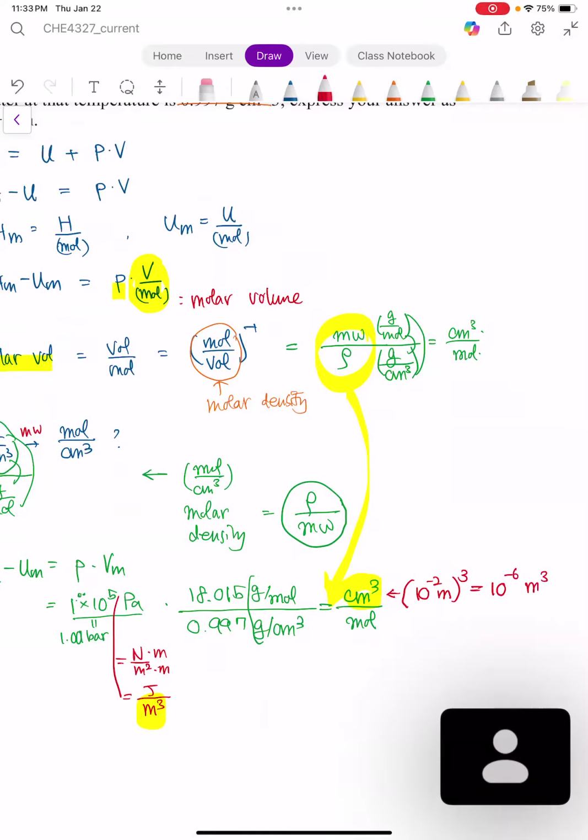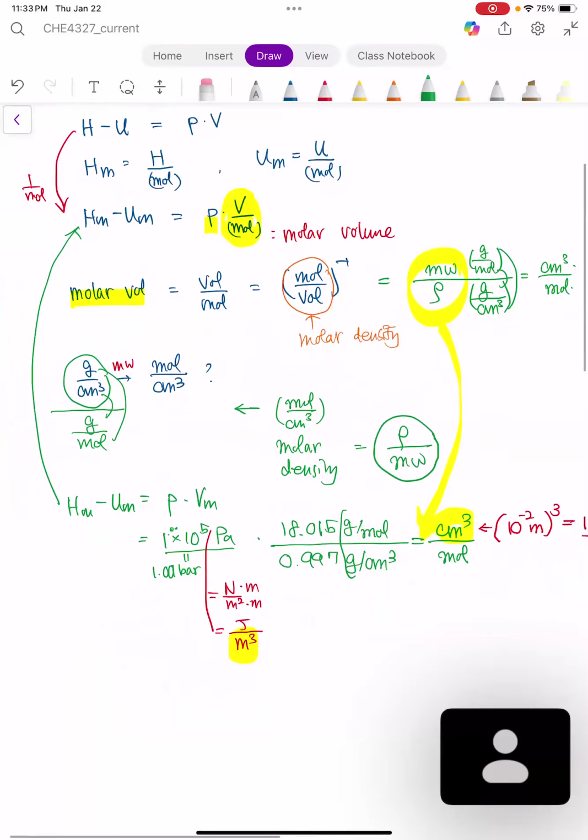I'm sorry, 1 cubic centimeter is equal to 10 to minus 6 cubic meter. So the whole unit out of this operation is now 10 to minus 6 cubic meter divided by the mole.